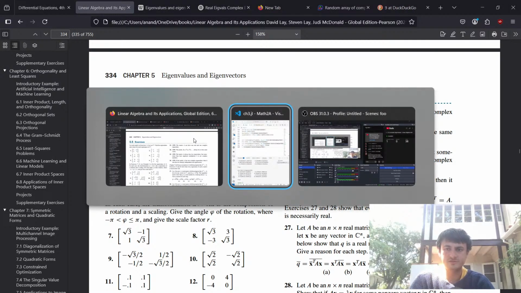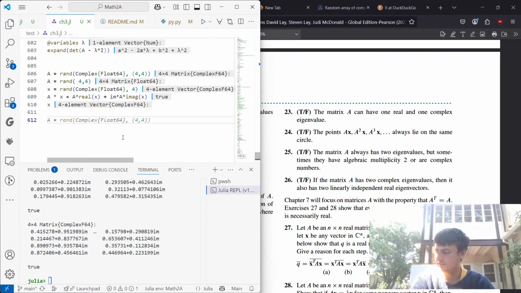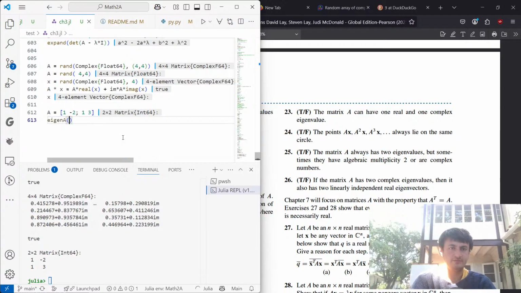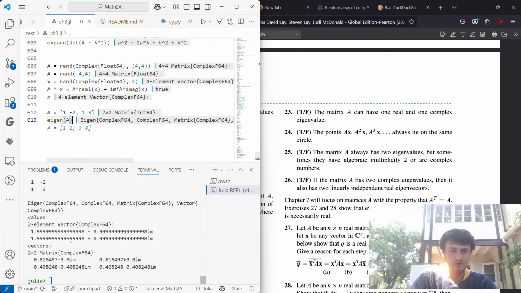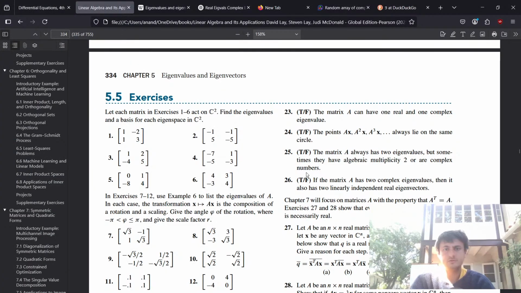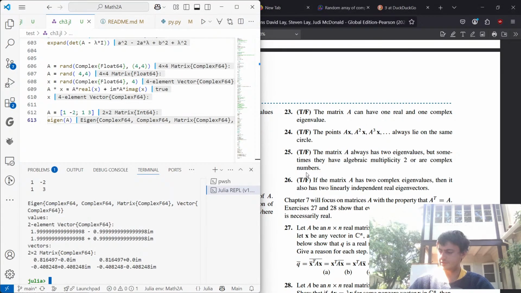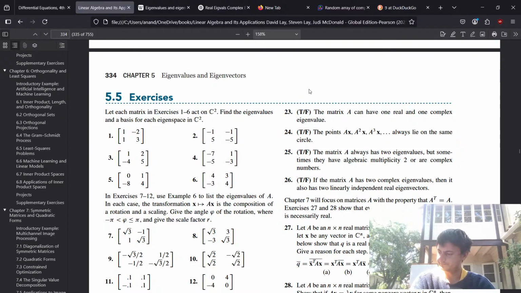Okay, so I got the characteristic polynomial. So if we have A is equal to 1 minus 2, 1, 3, eigen of A. So if we just, oh wait, you know what?